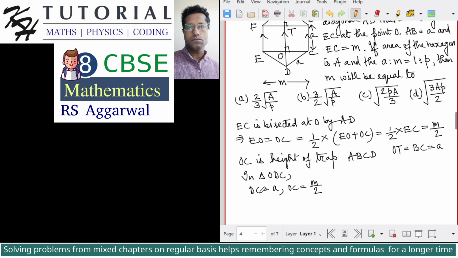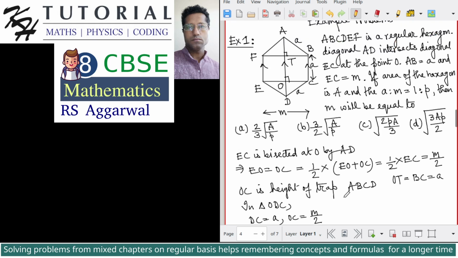Since it's a right angle triangle, we will have DC square is equal to OC square plus OD square.